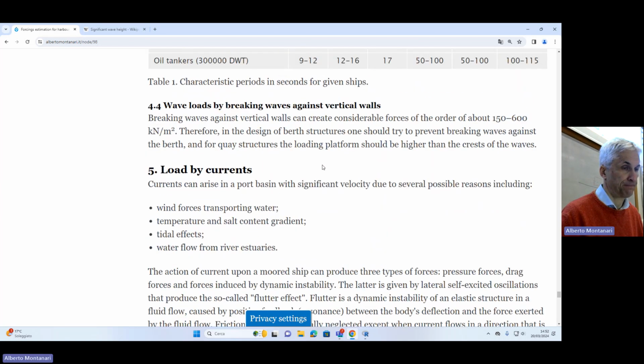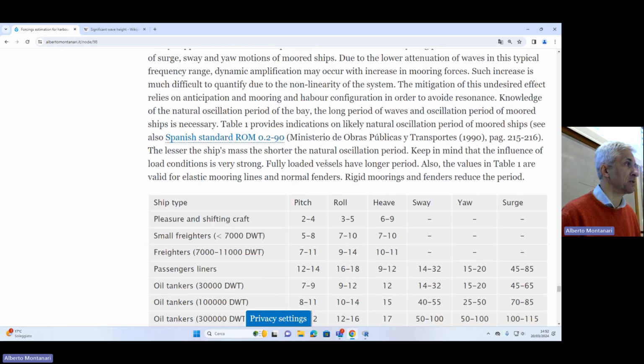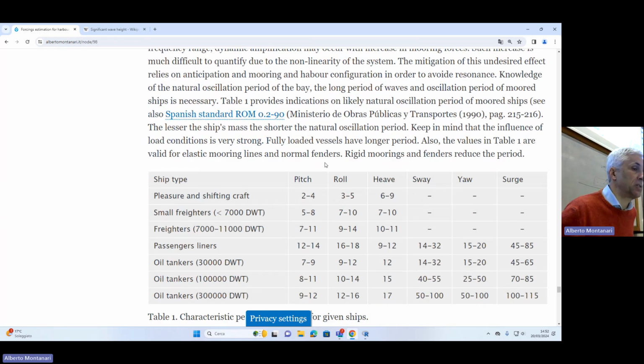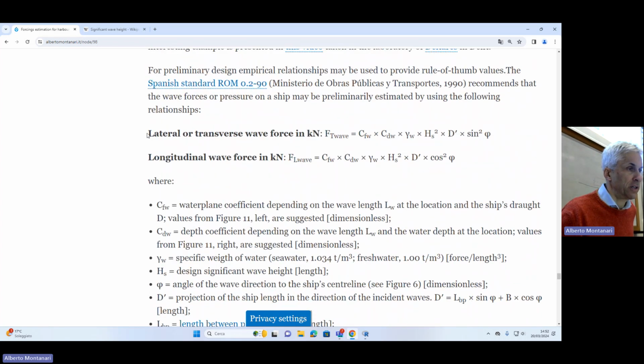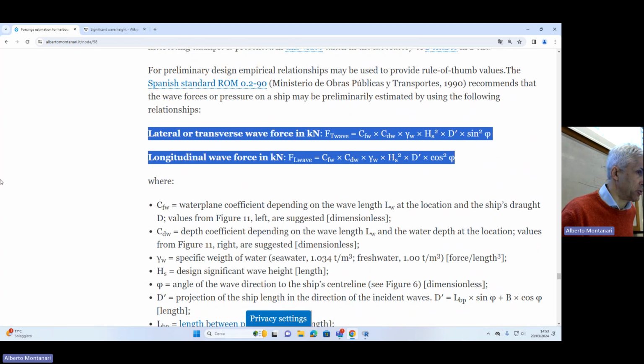And then currents. Okay, do you have any additional questions related to wave forcing? As I said, you don't need to remember these, okay? No need to memorize these two relationships.